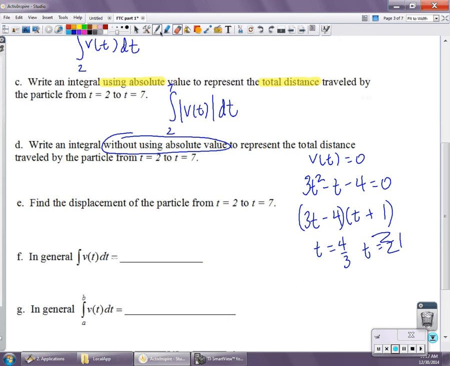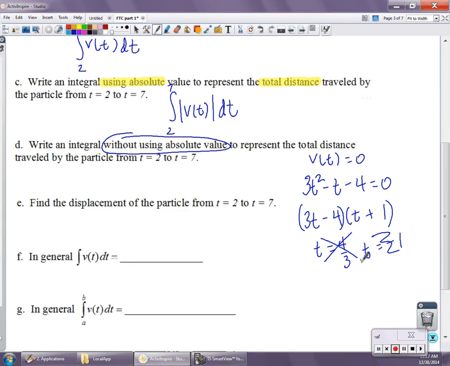So neither of these is on the interval. There may be some regions of positive and negative area throughout the graph, but neither negative 1 nor 4/3 is between 2 and 7.